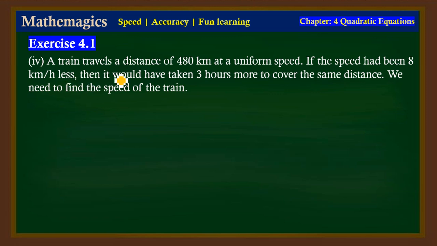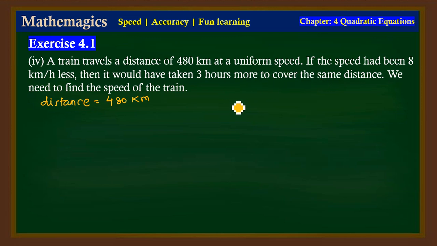A train travels a distance of 480 kilometer at a uniform speed. So the distance is equal to 480 kilometer at a uniform speed. If the speed had been 8 kilometer per hour less, then it would have taken 3 hours more to cover the same distance.